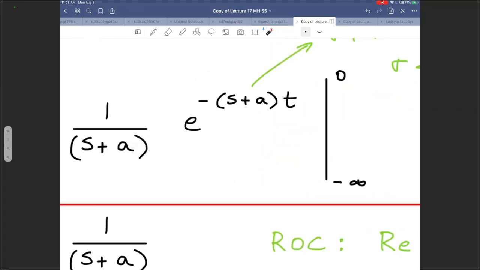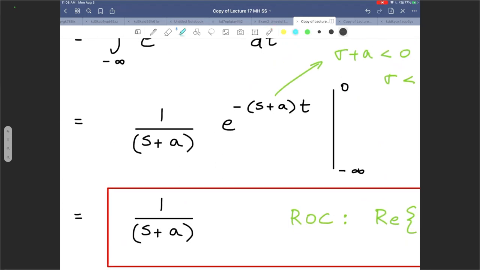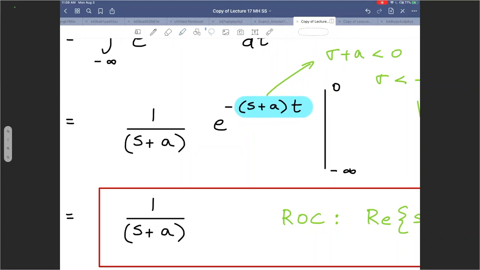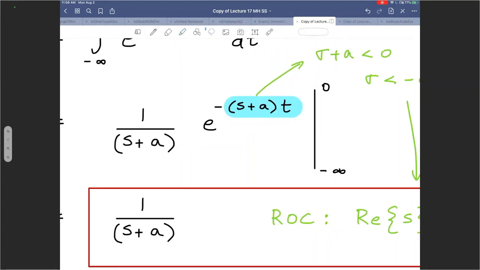Now take a look here. You want this to be positive, right? Same thing. You want the blue highlighted part to be positive, so that you get e to the negative positive number. But t, where is t? t is actually going negative. The time actually is negative. What does that mean?